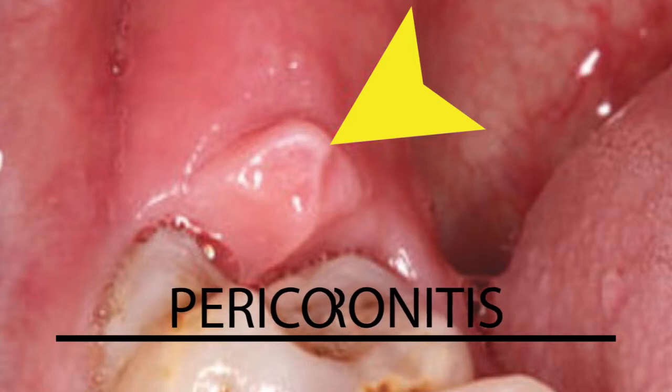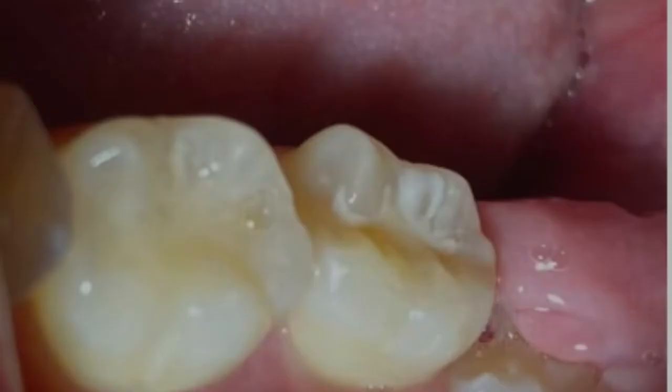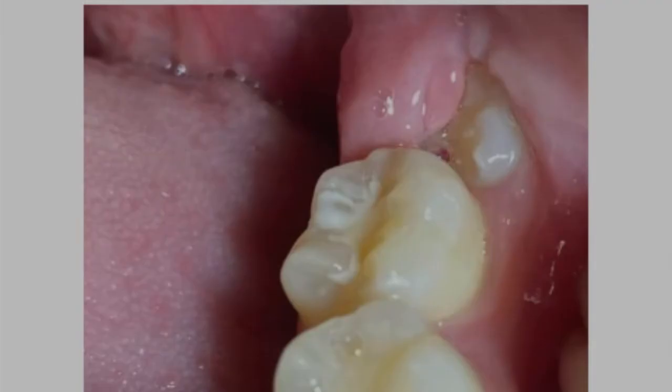So basically, pericoronitis is that situation where we get the inflammation or infection of your gum, which is many a time associated with a tooth that has not fully erupted into the mouth. So if the tooth is a little inside the gums, the gum overlaps on it.